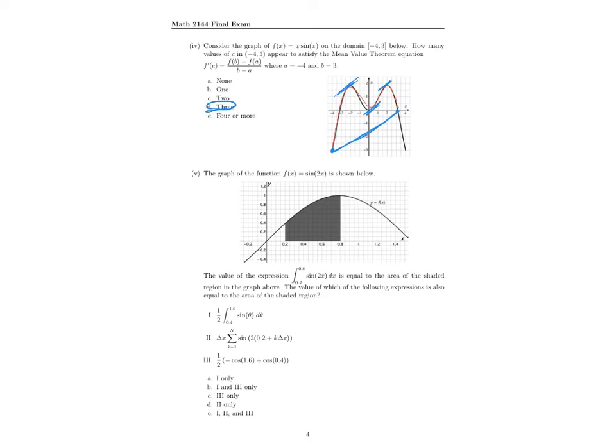The last one, it's telling me that the value of that expression is that area. The value of which of the following expressions is also equal to that area? Okay, so this one looks like maybe they did a substitution where 2x equals theta. If we let theta equal 2x, then d theta is 2 dx, or in other words, dx is 1/2 d theta.